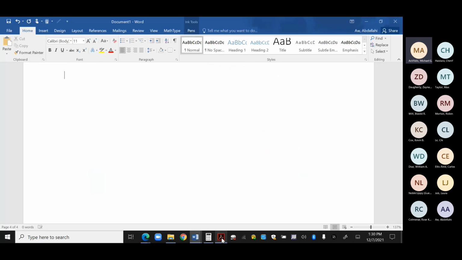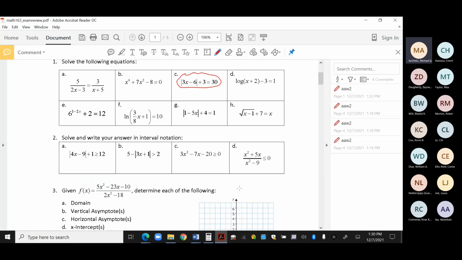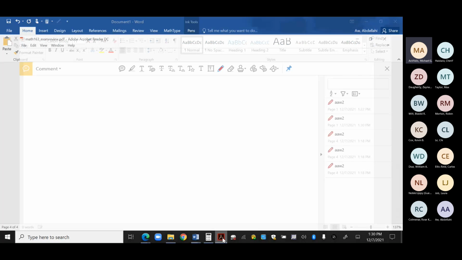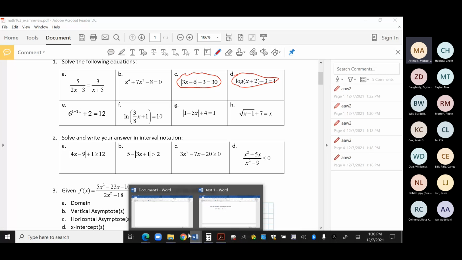All right. So, okay, now let's see what else. These right here, they were in test number 3, right? This problem right here: log of x plus 2 minus 3 equal 1. Let's try to do some of them.